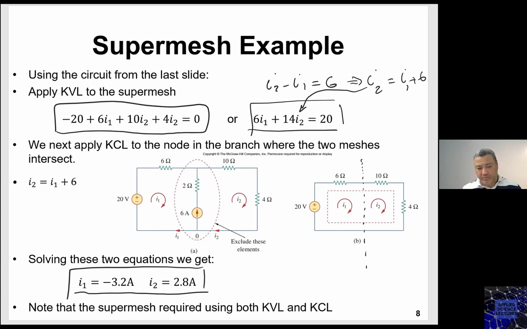You write it as a loop equation, as a mesh equation, exactly the same thing we did earlier. However, you keep in mind what part you are in.